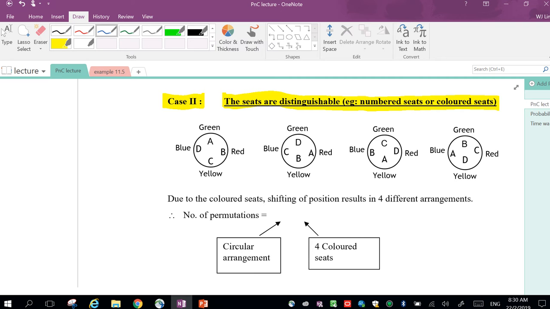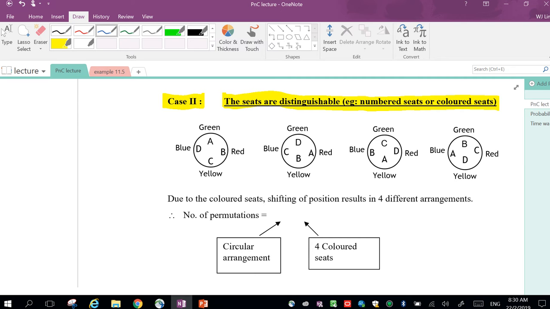But now the seats are colored or numbered. Now A sits on the green seat. This A sits on the red seat. This A sits on the yellow seat. This A sits on the blue seat. Are they the same now? They are all different arrangements. So this is considered one arrangement, second arrangement, third arrangement, fourth arrangement.